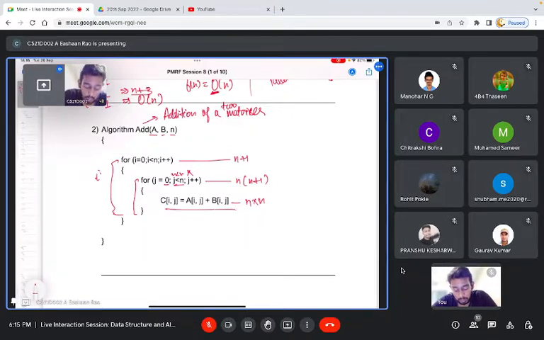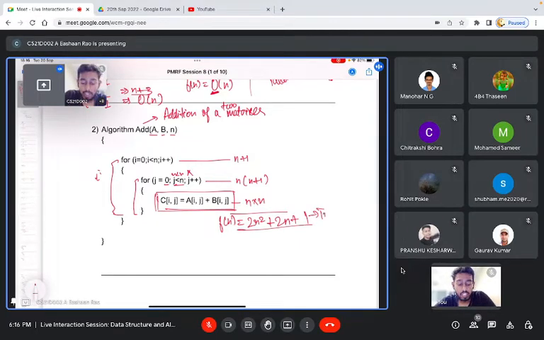In the next few sections we will focus on this particular statement. We are not interested that much in how much time the for loop statement takes, because this is the actual computation. That C[i][j] is the actual computation which we are concerned about, right? So if we sum it up, we will find that it has 2n square plus 2n plus 1, and this is the time function we are getting.